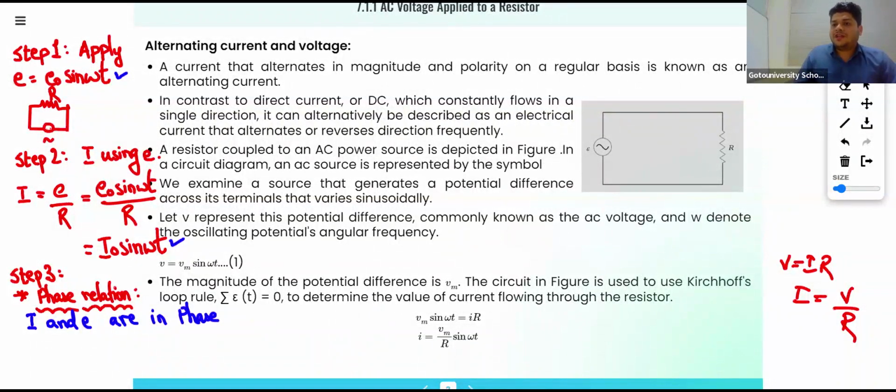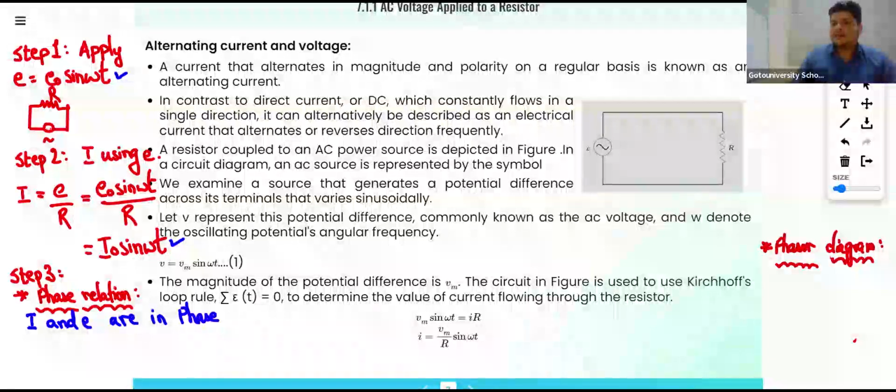Okay, then what we have? Then we have the phasor diagram.